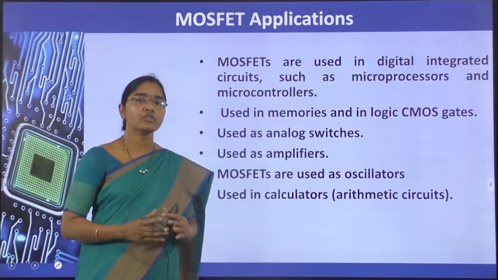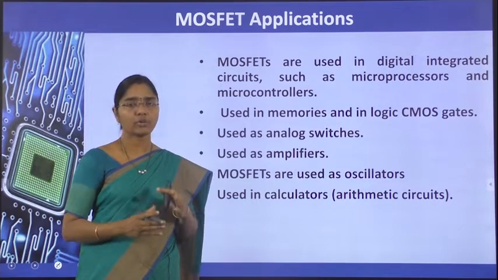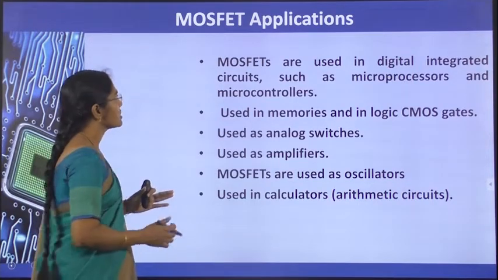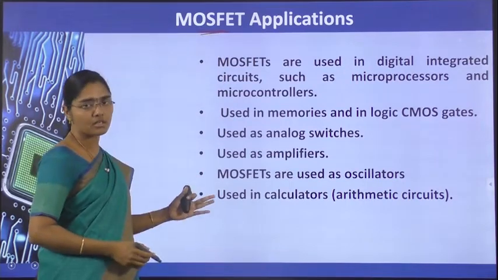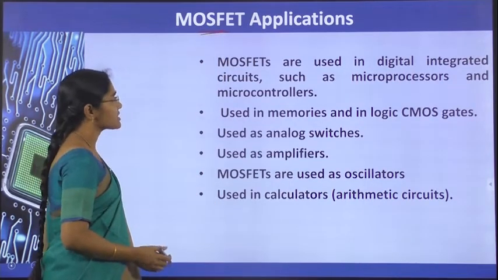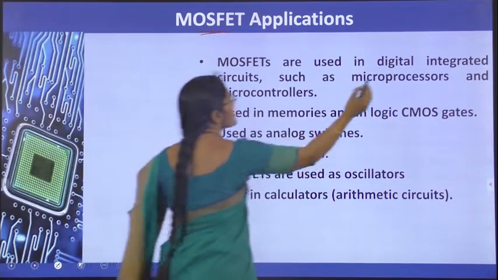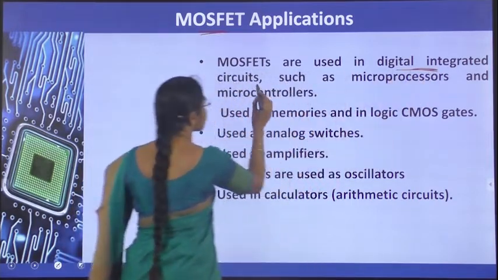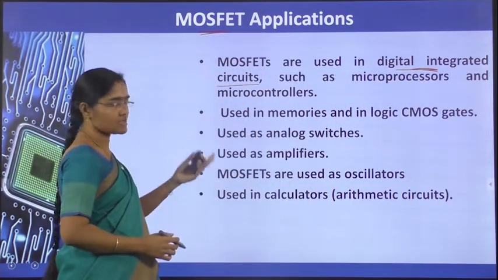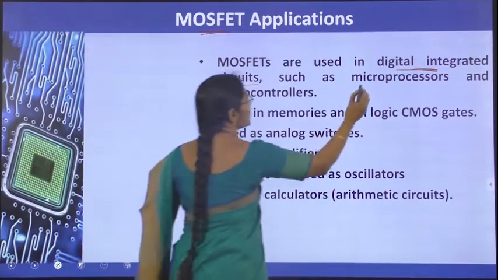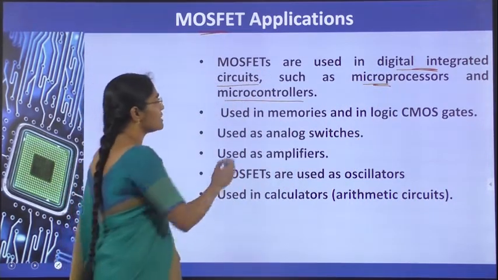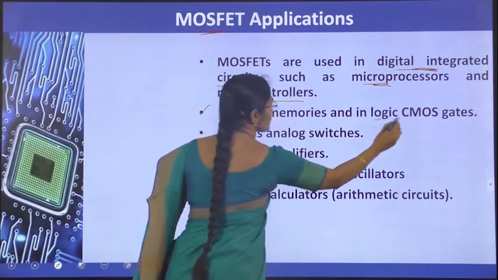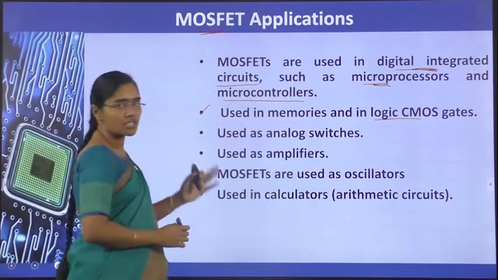Because of having all these advantages, this MOSFET is used in so many applications. MOSFETs are used in digital integrated circuits, such as microprocessors and microcontrollers, memories and CMOS logic gates.